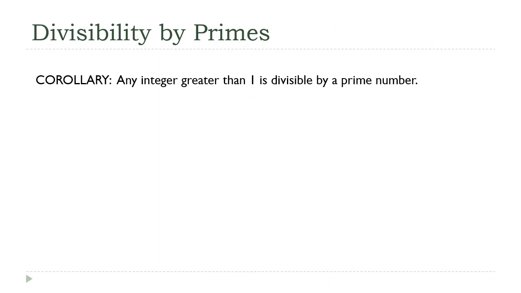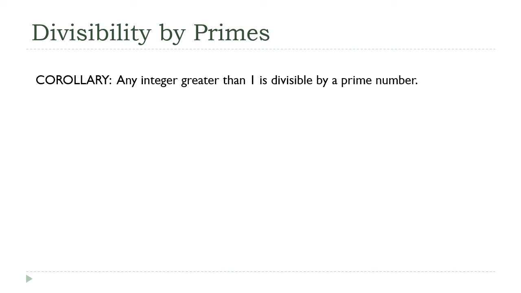So I have a corollary here, and I think this may be the first corollary that we've seen, if I remember right. A corollary is a theorem, just like theorems and lemmas are, but corollaries usually have a very short proof that follows directly from some other theorem. In a sense, it's something that we almost get for free now that we know that other thing. And what this one says is that any integer greater than 1 is divisible by a prime number.